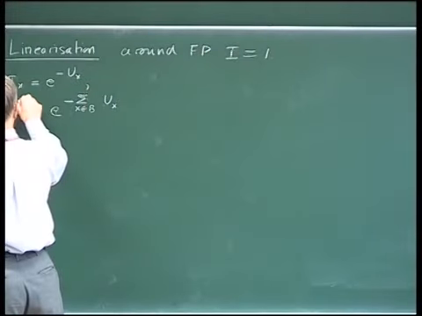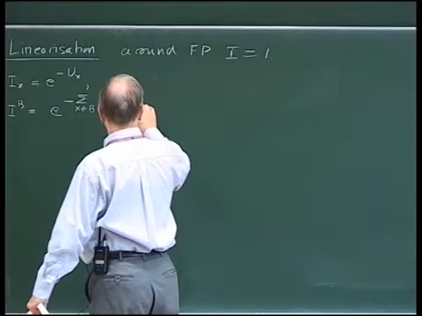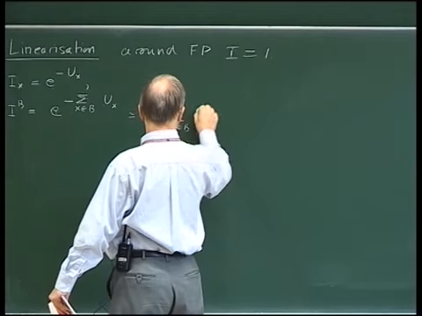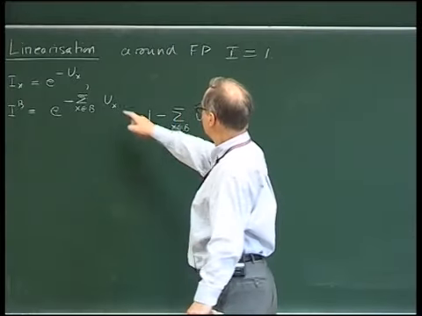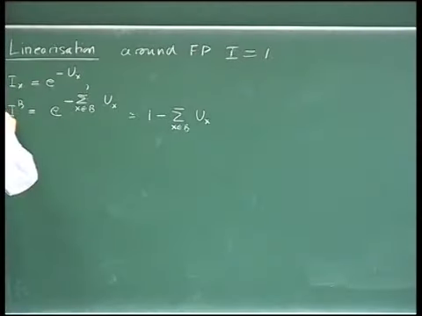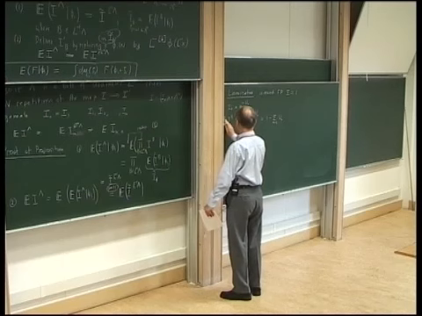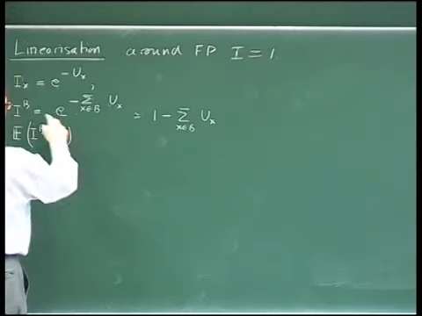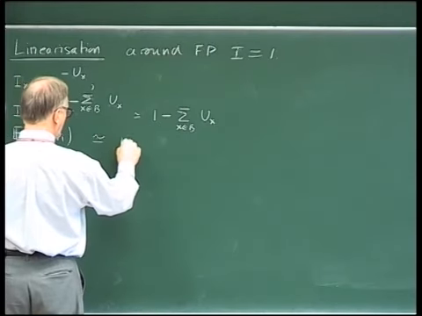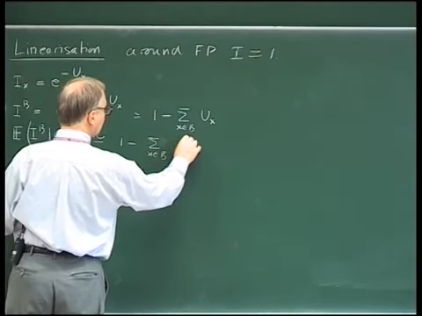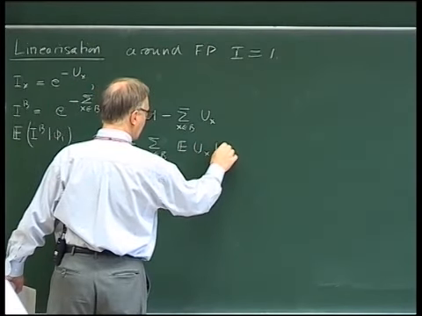This is I to the b. And it's approximately 1 minus the sum over x in b of u sub x, if we're working at the linearized level. And then if we take the expectation of I to the b holding phi 1 fixed, that will be approximately 1 minus the sum over x in b of the expectation of u sub x holding phi 1 fixed.